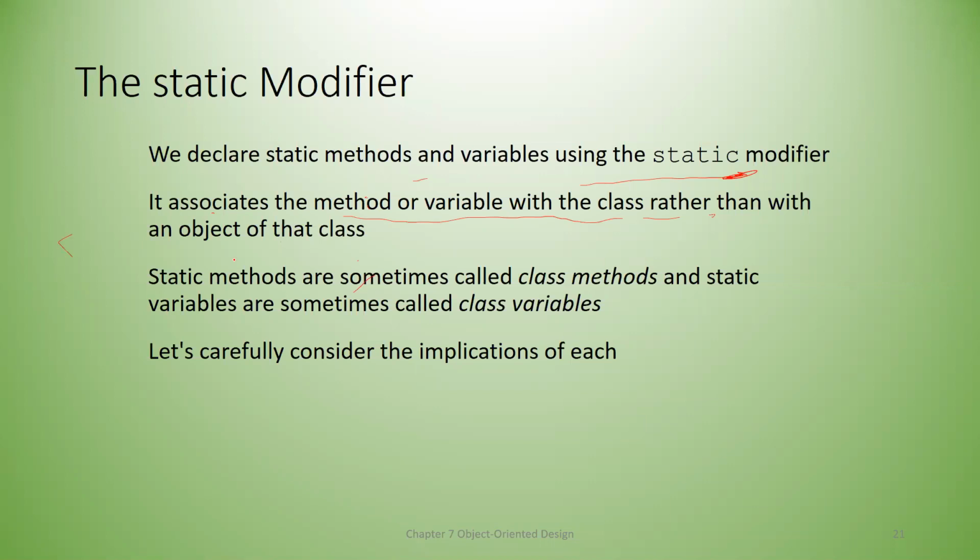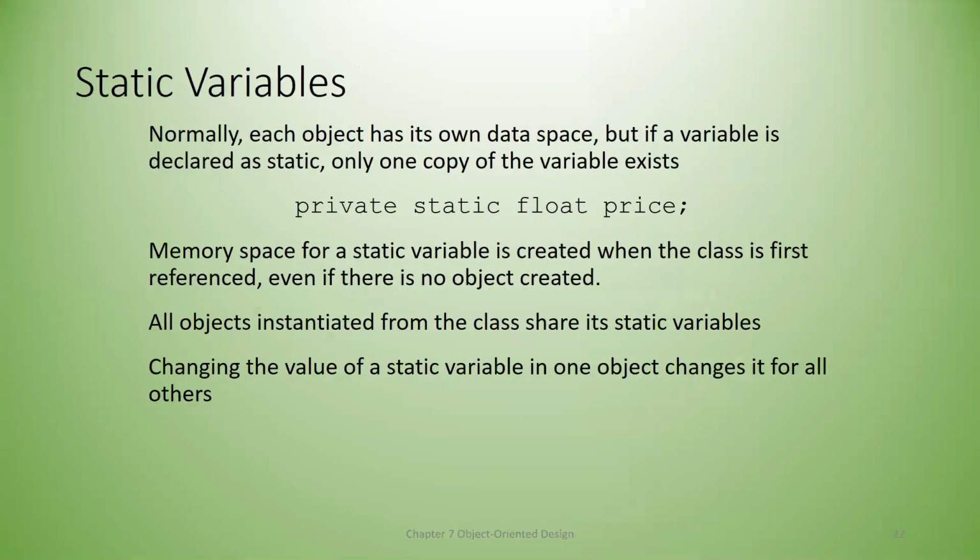Static methods are sometimes called class methods and static variables, class variables. Let's look at this. Normally each object has its own data space. But if a variable is declared as static, only one copy of the variable exists.